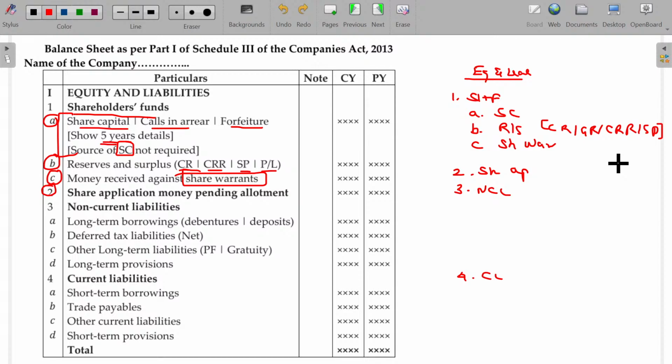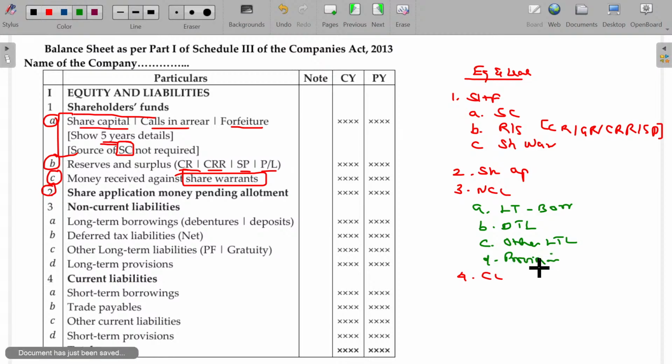Now, under non-current liabilities, we have 4 items. One is long-term borrowings. Another one is deferred tax liabilities, and other long-term liabilities and provisions.